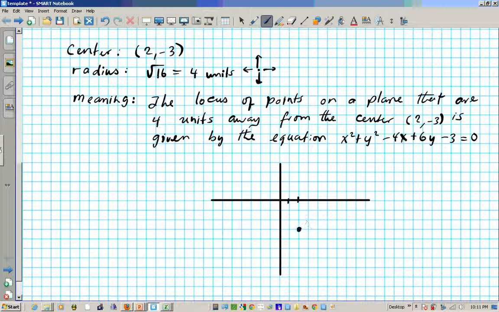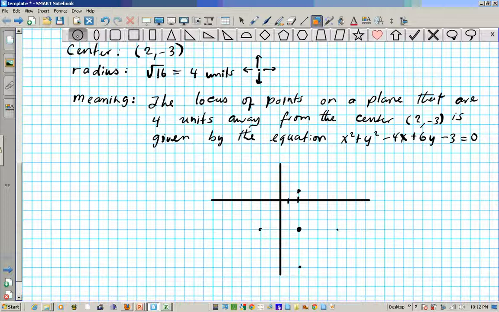There goes your center, okay? So we're going to go 4 units in all directions, 1, 2, 3, 4 to the right, 1, 2, 3, 4 to the left, 1, 2, 3, 4 north, and then 1, 2, 3, 4 south. Those are the points that define my circle.